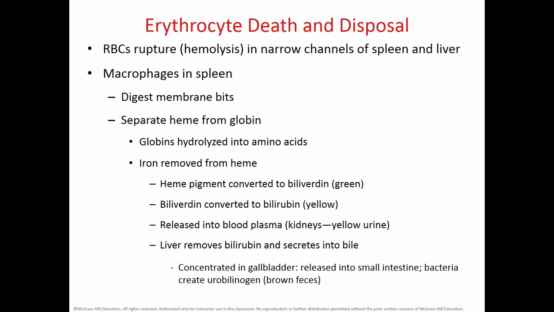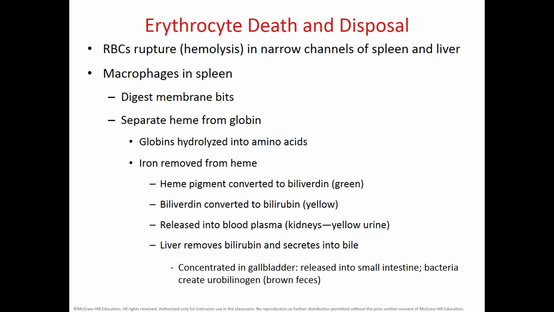Now within the spleen, we have macrophages, which are large cells that can eat particles of cells or complete cells. These macrophages will digest the membrane of the erythrocytes, and will also separate heme molecules from globin molecules.